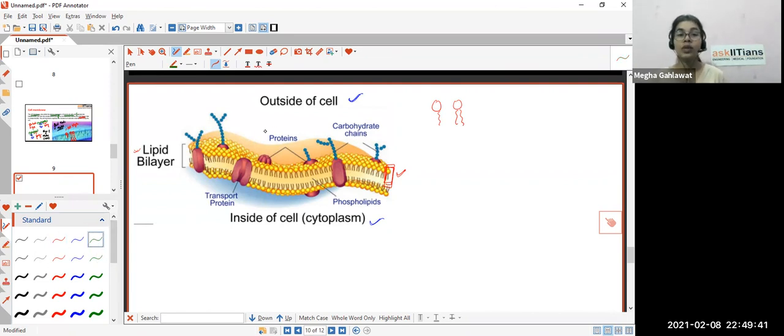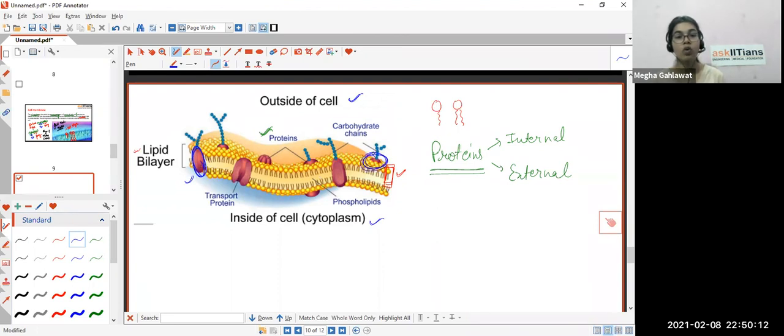Now see, you see proteins here as well. Proteins in a plasma membrane? What? Yes, you have two types of proteins. We have the internal proteins and external proteins. Internal proteins are like this one, the one which is present right here, and external proteins are like this one, which is present outside.